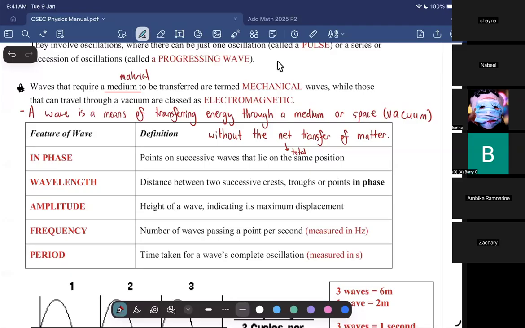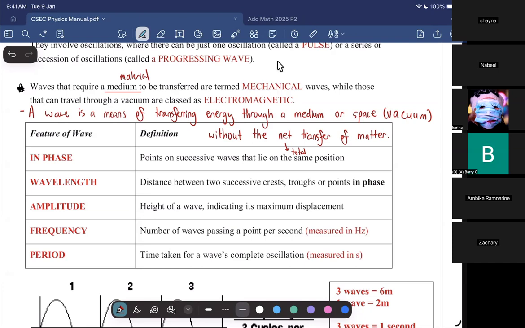Guys, how do you think the radio works? Radio waves. Right. So the radio waves would travel through the air and it would be picked up by a radio's antenna.